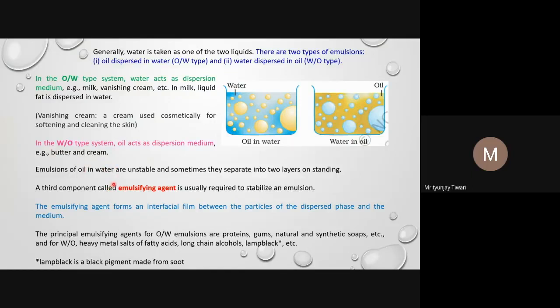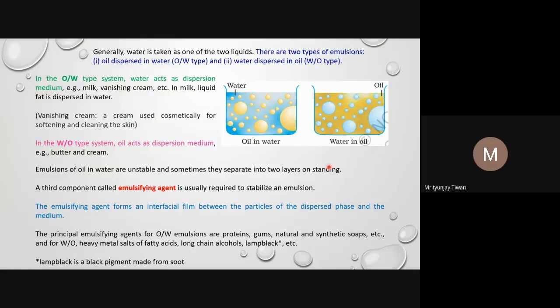Emulsions of oil in water are unstable, and sometimes they separate into two layers on standing, and this you might have seen in milk. If you keep milk for a longer duration, thick cream will get deposited at the surface of the milk, which means the oil gets separated.